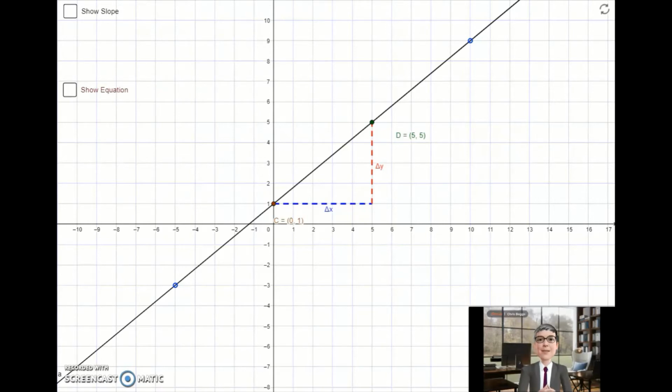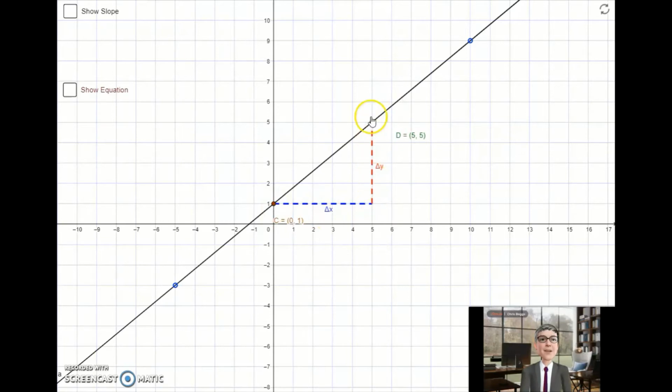So if I'm given the graph of a line and asked to find its equation, I need to find some points where the line crosses grid lines and find my rise and my run. So here my rise is the change in y, and here I'm passing through the points (0, 1) and (5, 5).